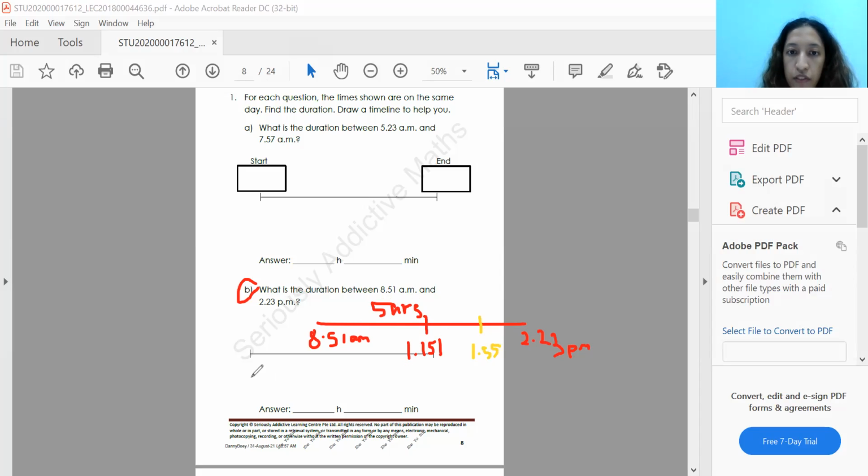How many minutes is that? 51, 52, 53, 54, 55. 4 minutes. Now from 1:55, let's do to 2:20. 1:55, 2, 2:05, 10, 15, 20, 25 minutes, right? So here would be 25 minutes. And then 20 to 23 would be 3 minutes.